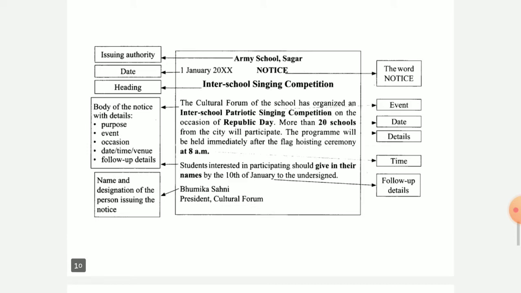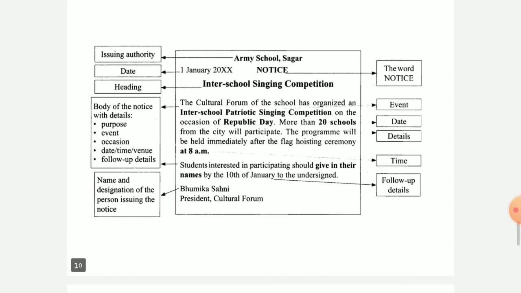More than 20 schools from the city will participate. That one also you have to mention. The program will be held immediately after the flag hoisting ceremony at 8 am. The time also you have to mention. And then see, the follow-up details you have to give. In that case, you can leave 1 or 2 lines and then you can write just like I have written.